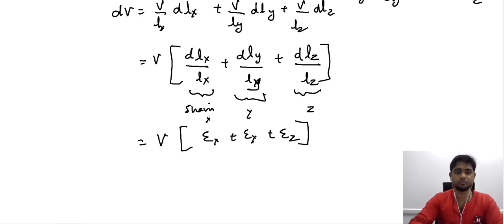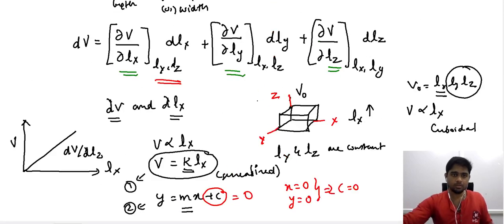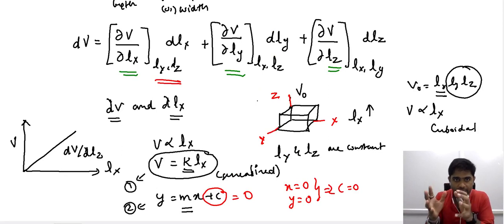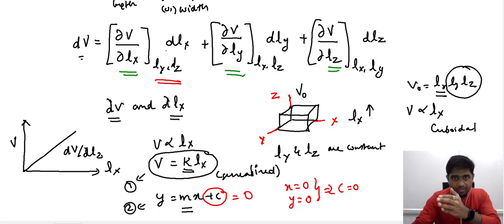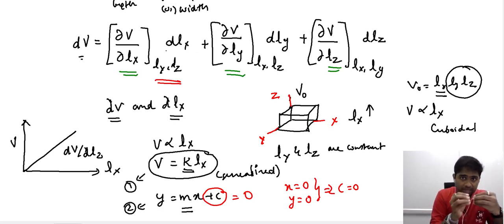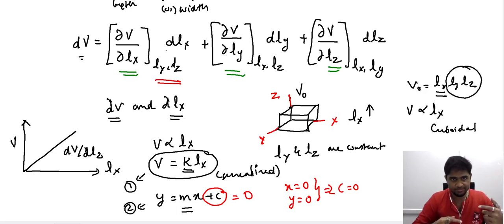So what we have done so far is, we began by considering the overall change in the volume, and we expressed it as the sum of the change in the volume as one of the dimensions along a specific direction changes.